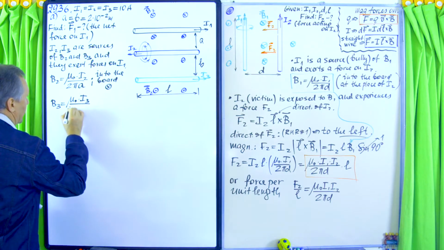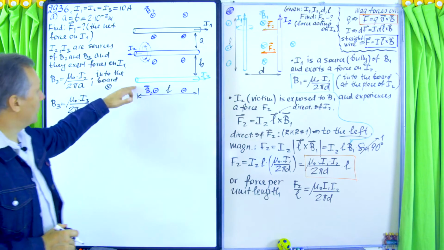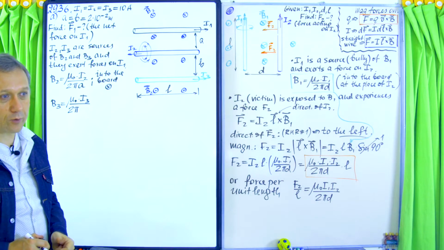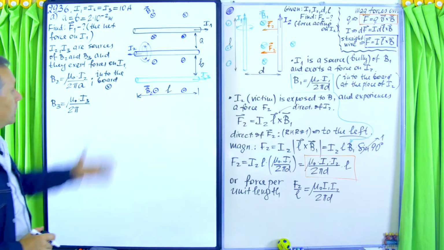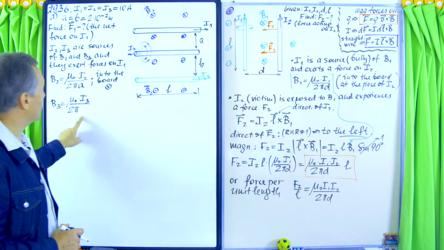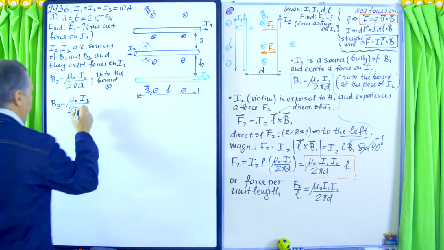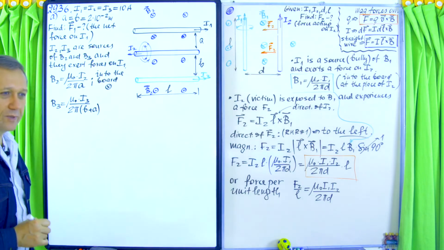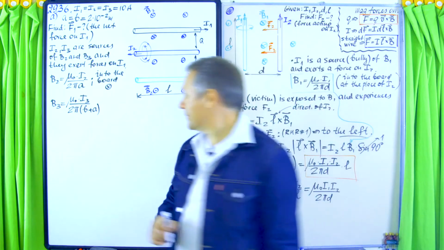So mu naught I3 divided by 2 pi, and now the distance from the green wire to the point of wire I1, because we want to find the net magnetic field and eventually the net force acting on I1. So now, of course, the distance will be B plus A. Probably I should have written A plus B, sounds better. I will change it in the next line.